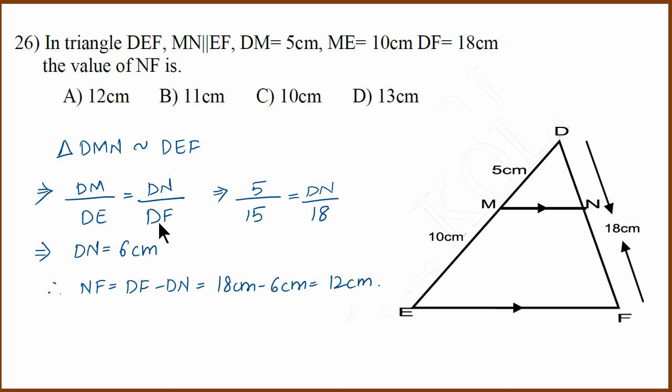So this is how we write it. In this case, we know every value except for DN. If you simplify, you get DN equals 6 centimeter. If that is 6 centimeter and the entire line is 18 centimeter, this has to be 12 centimeter, which is what we have found here. So correct answer, 12.